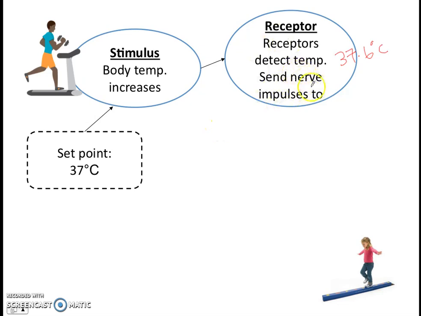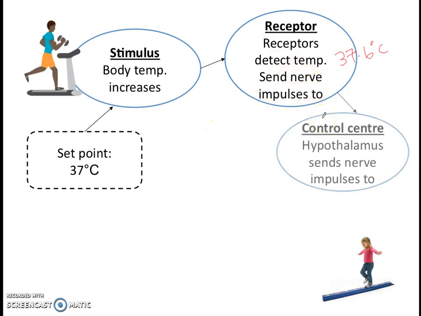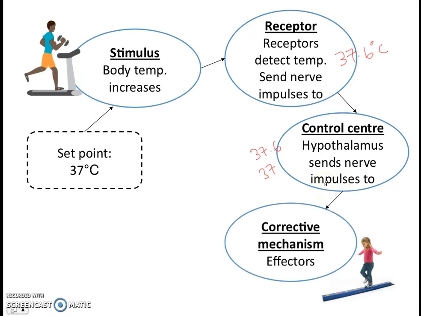The receptors will detect this. It will send the information to the control center. The hypothalamus will compare the current temperature, 37.6, to the set point, 37, and say, oh, we're too hot now. So what should we do? The hypothalamus will send out nerve impulses to activate the corrective mechanism. And the hypothalamus will send out these nerve impulses to effectors.